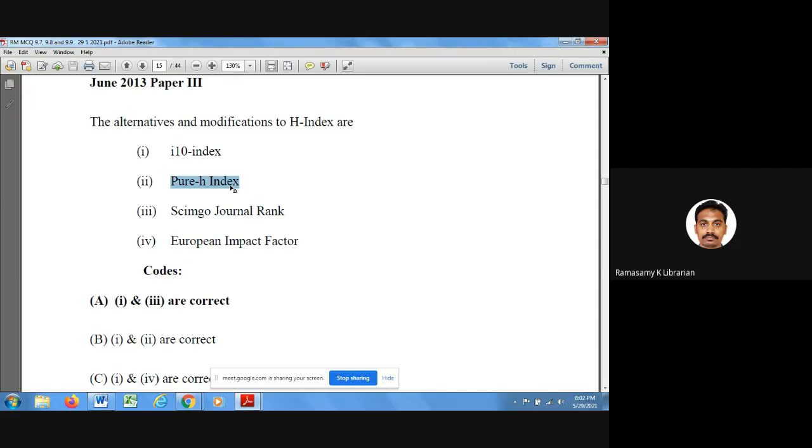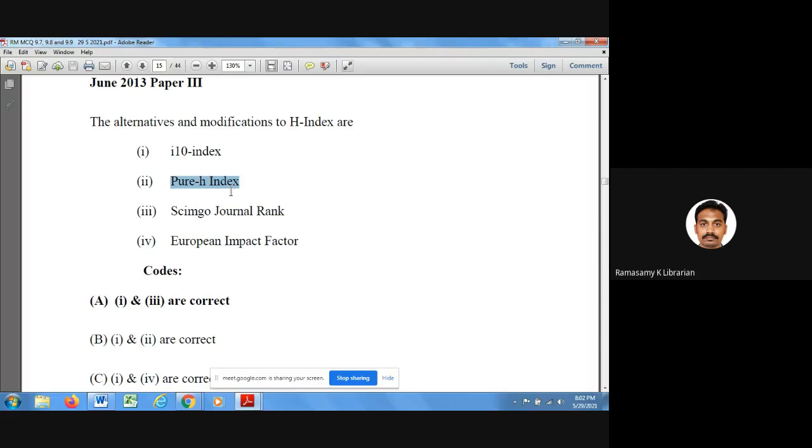Here, they take into consideration the number of authors involved in making the paper and the relative position of each author in the list of authors. If there are 3 authors, whether your name is listed as the first, second or third author, and how many authors there are in the particular paper. Taking all these things into consideration, they calculate the h-index. That is called the pure h-index.